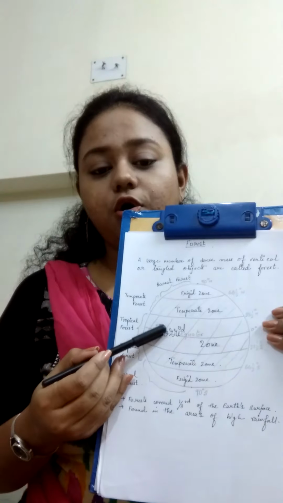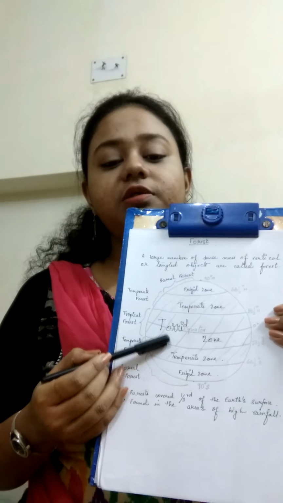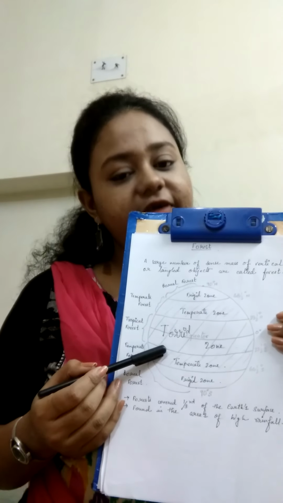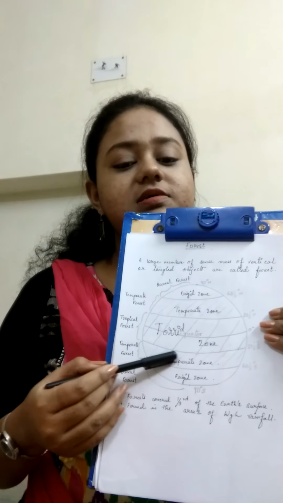So now we are going to start with the tropical forest. The first one, which lies in the torrid zone between the Tropic of Capricorn and Tropic of Cancer. It covers the tropical forest. The tropical forests are found in the tropics between 23.5° north and 23.5° south.